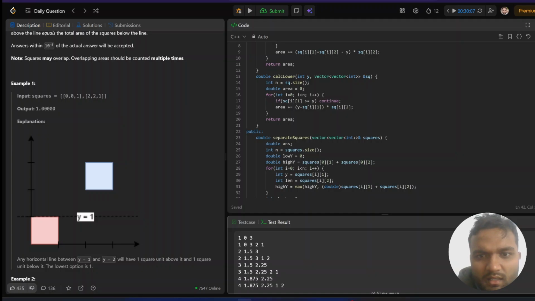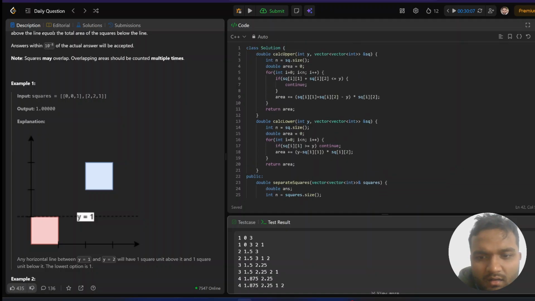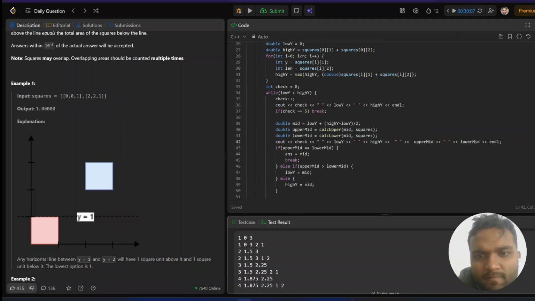We are returning an array from both functions, storing in the upper mid, lower mid. Where are the values?